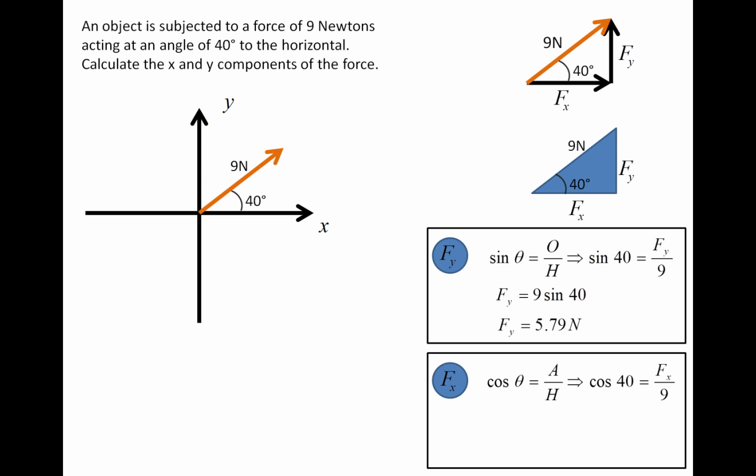So we have cos theta is equal to A over H, the adjacent over the hypotenuse, which gives us cos 40 equals Fx divided by 9. We can rearrange to get Fx equals 9 cos 40, and finally that gives us an answer of Fx is 6.89 newtons.